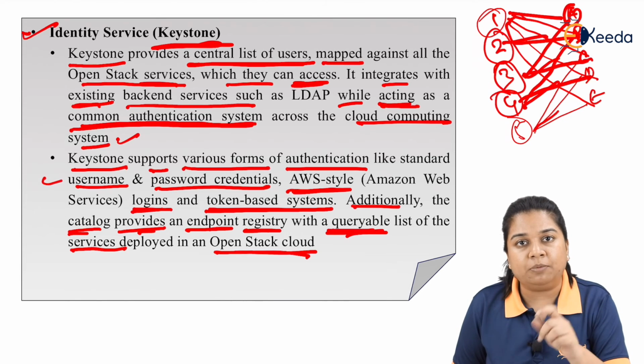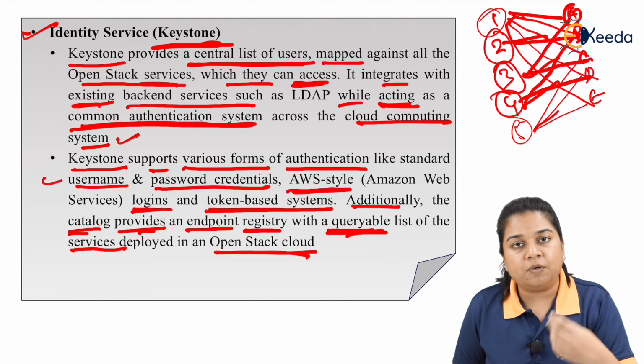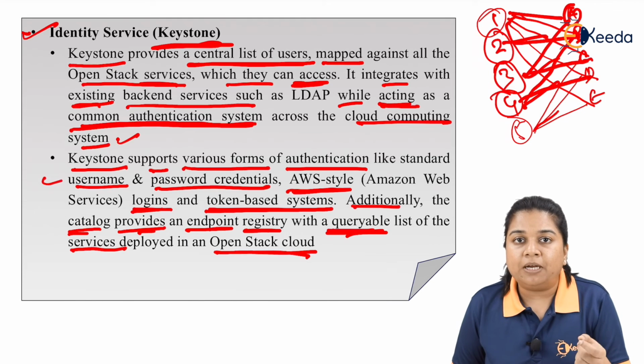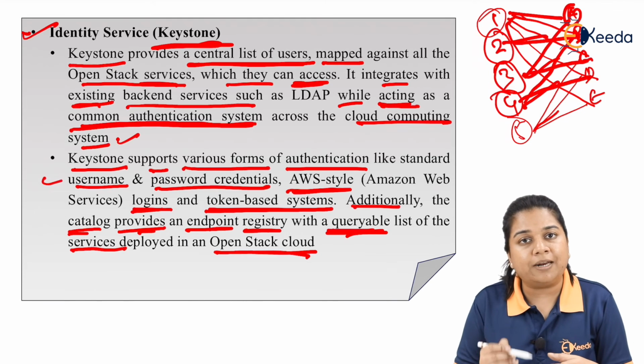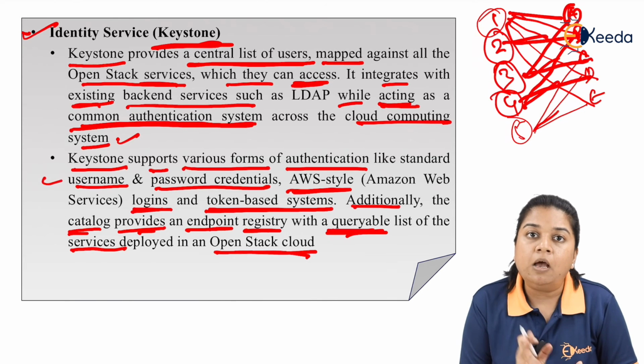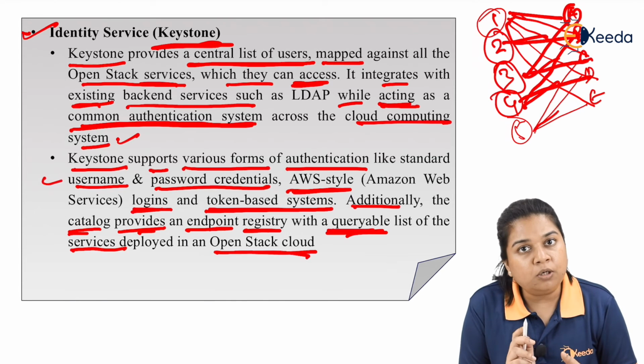Say for example, in Gmail we use a username and password. For social media services we use a username and password, and then it can have something like token based systems also. So there can be various levels of identification provided to the users to access the services in the cloud computing architecture in OpenStack.